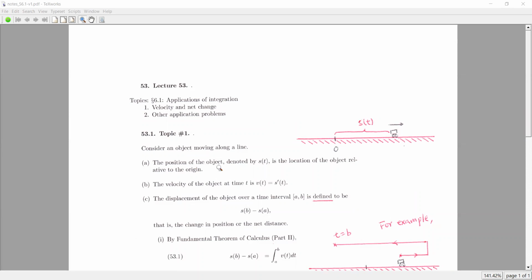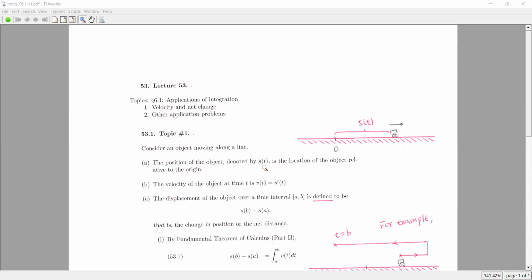The position is usually denoted by S. Because the object is moving, its position depends on the time t. So position is a function of the time t.